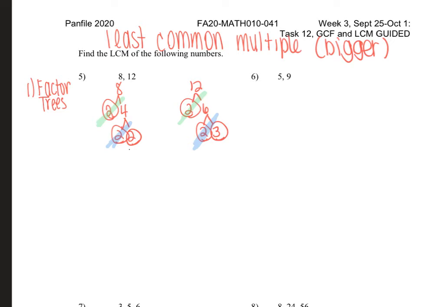So this green couple is going to come down. This blue couple is going to come down. This single is going to come down. This yellow single is going to come down.